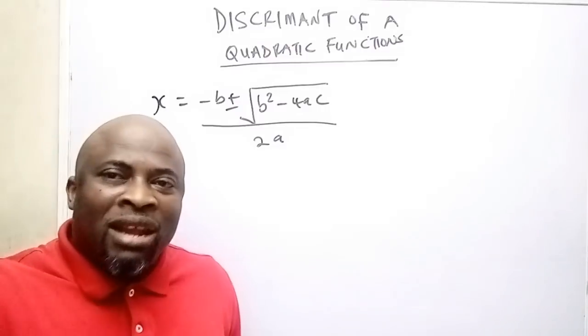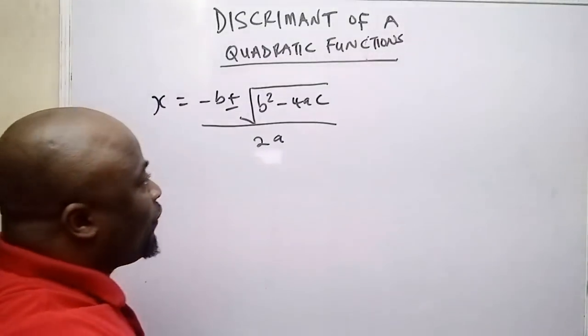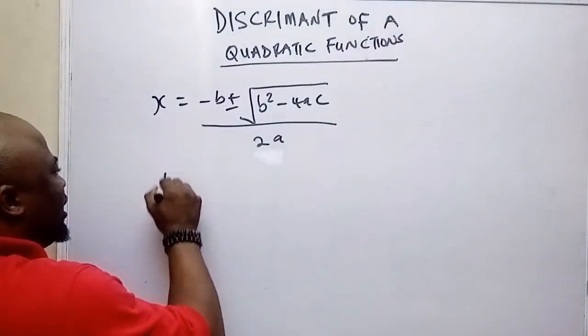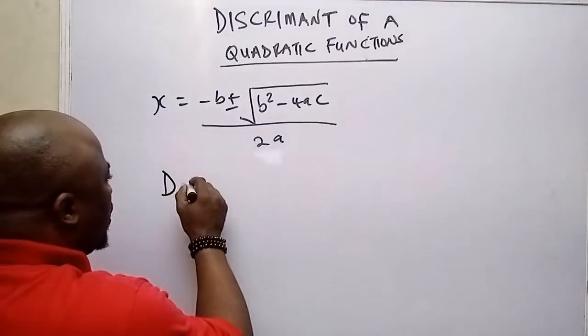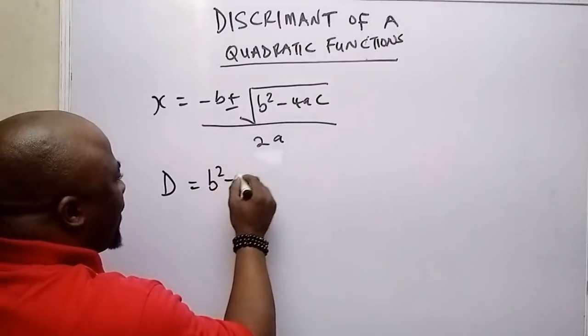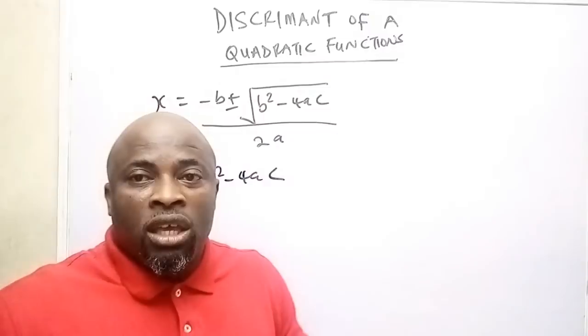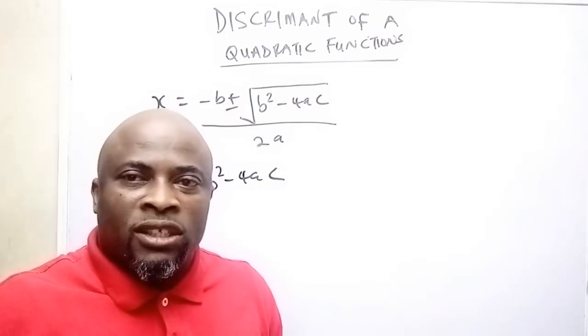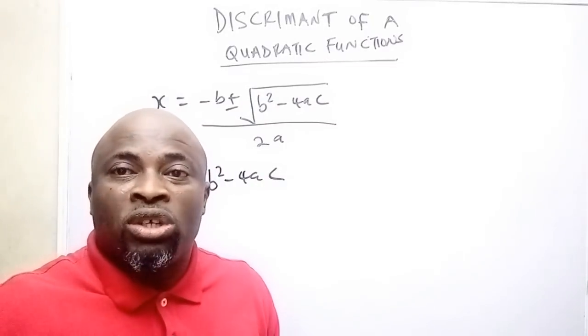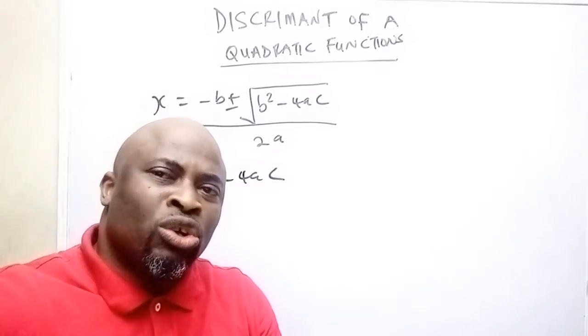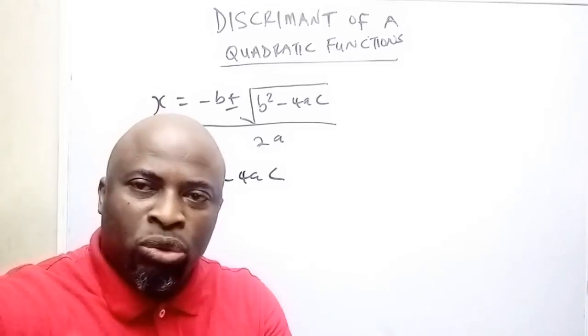And the discriminant is what we have inside this square root. It is denoted by D, which is the discriminant, equals b squared minus 4ac. So anywhere you see b squared minus 4ac, it is called the discriminant. Now, how do you use this to know the nature of the roots?